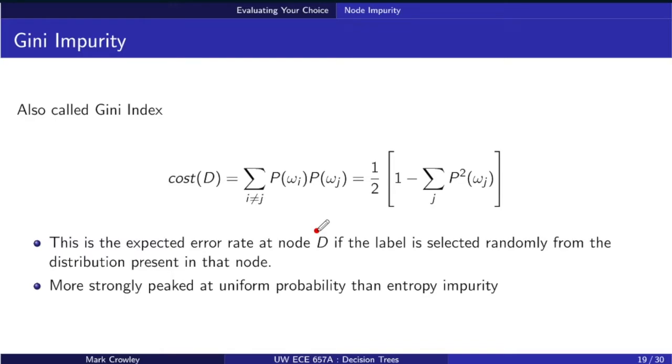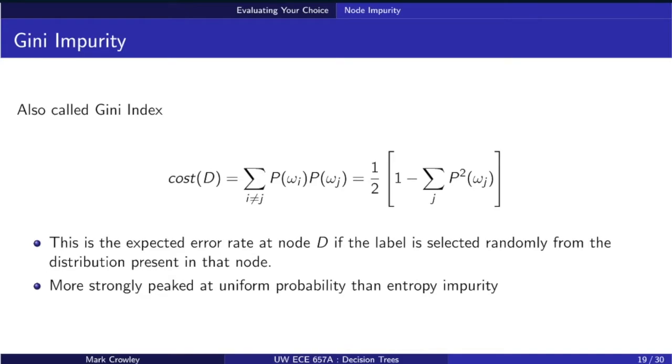So the third one, which is the more popular one, because it's in between the other two, is this Gini index, and it's used in a lot of different areas. So this gives you basically the expected error rate at that node if you picked it randomly. So it's not just assuming that you're picking the worst case or the best case like the other two.